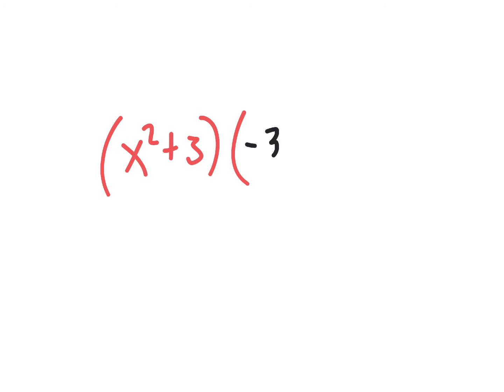Okay. A lot of people got that wrong, so let's try that one more time because this is going to be something we test you on. X squared plus 3, and you don't have to write this all out. You just have to do the problem. Negative 3x plus 1 quantity squared. Just the lead term.